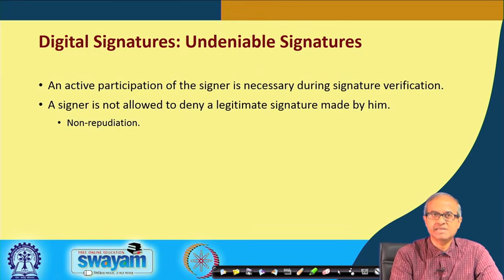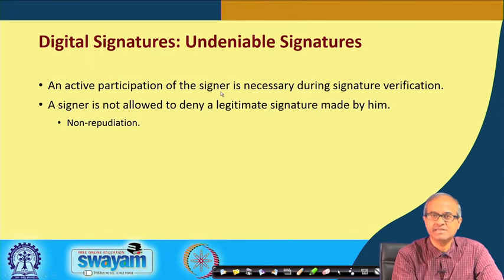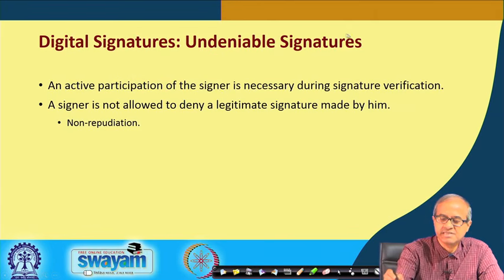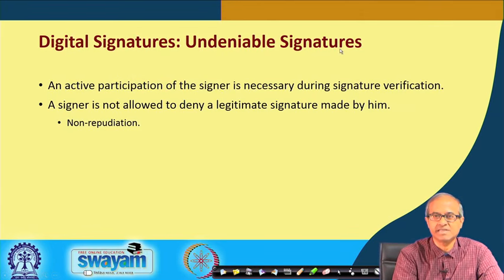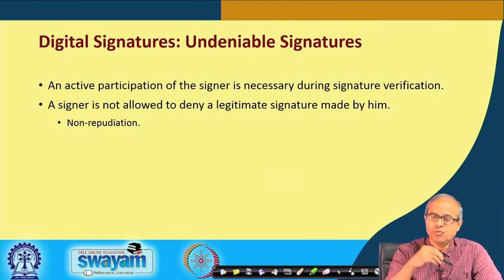Well, undeniable signature, this I have mentioned earlier also. Let me repeat. Here an active participation of the signer is necessary during signature verification. This is another scheme called undeniable signature. So, during the signature verification process, the person who has signed is also required to participate with the recipient.